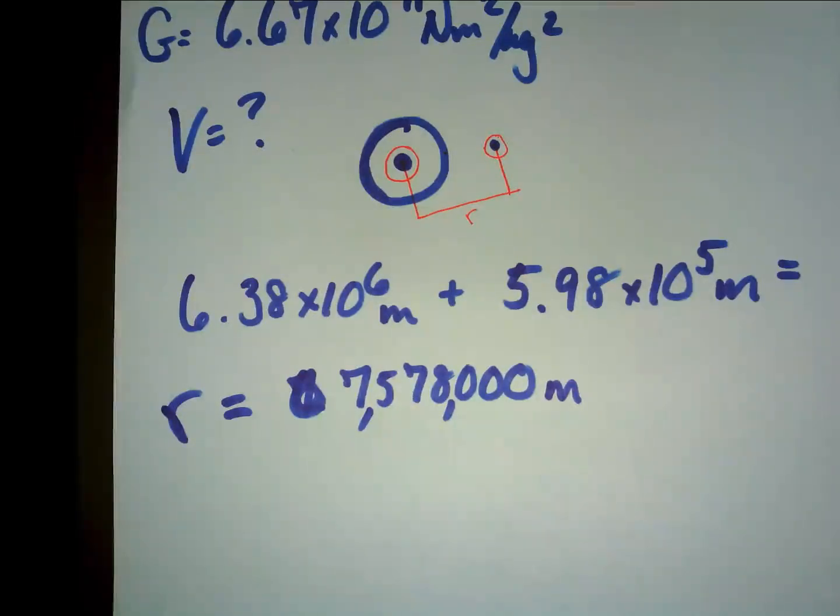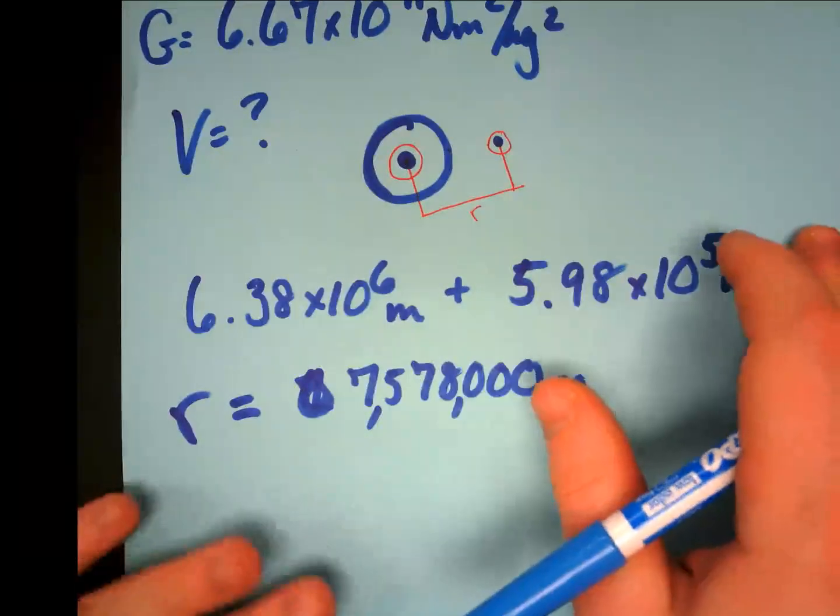They gave us the mass of the Earth, which should indicate something to us. Really, the mass of the Earth is about the only mass that matters here. The mass of the Earth is going to far outweigh, literally and figuratively, the mass of the Hubble telescope out in space. So what equation do we use?